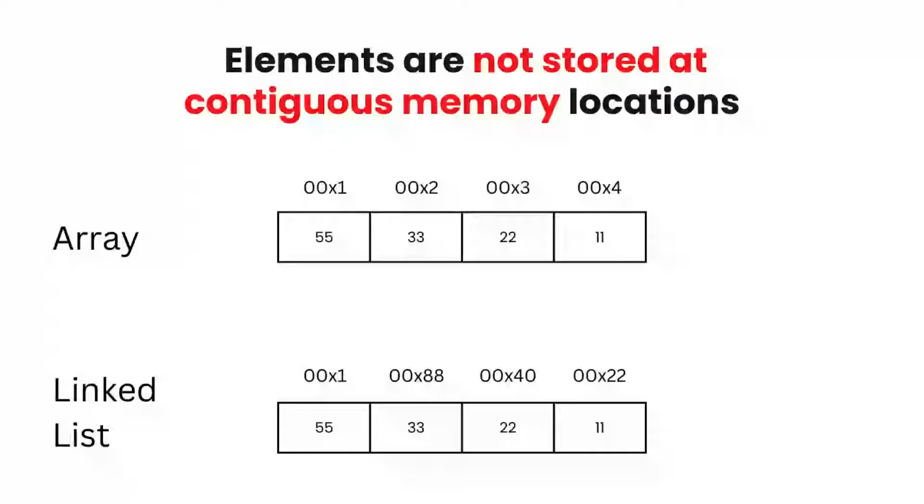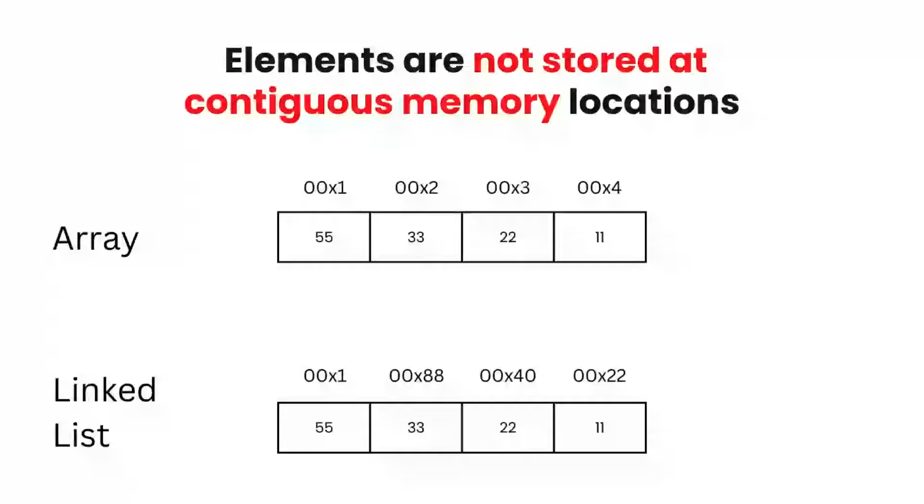You see there is an array holding 4 elements: 55, 33, 22 and 11. These are the items inside an array, and the address on top of each element represents its memory location. To be specific, this is the memory address. Now these are just assumptions; in a real case scenario it could be different.